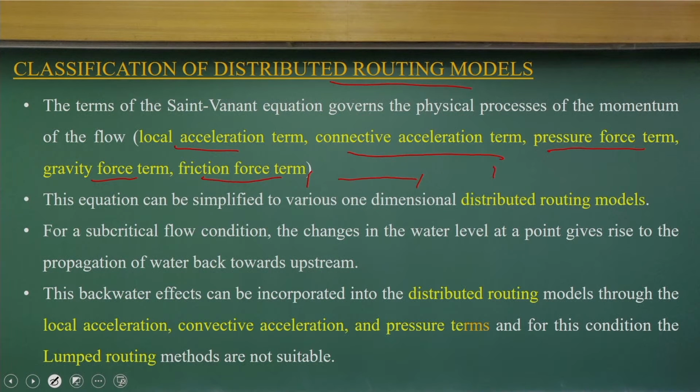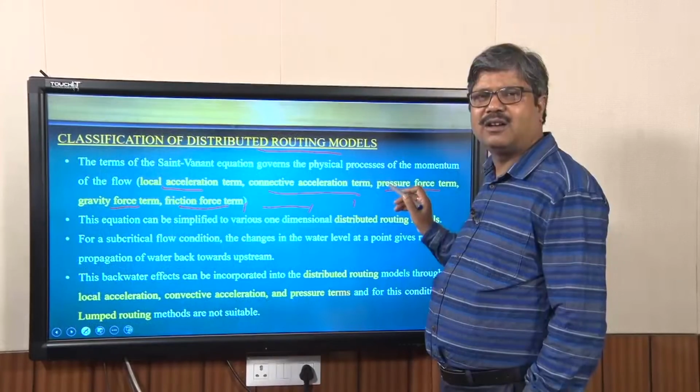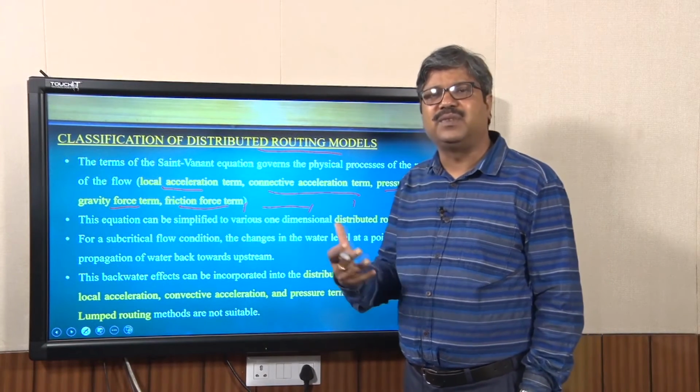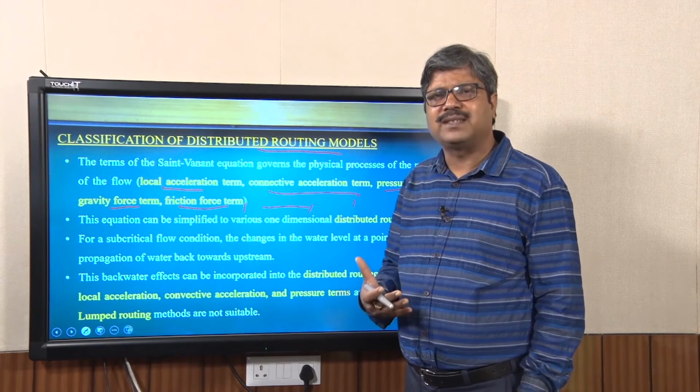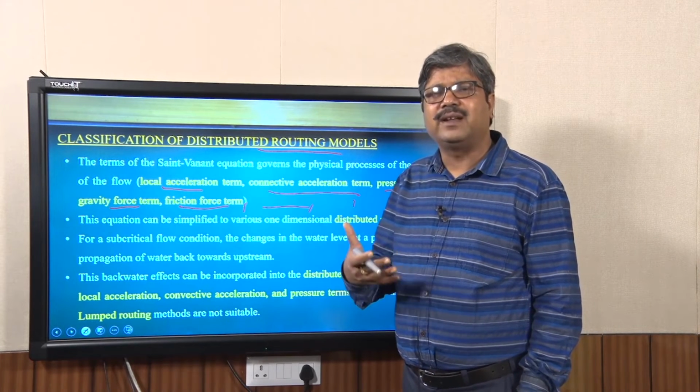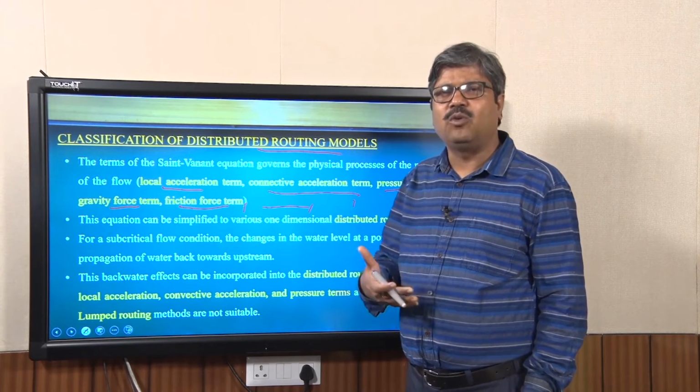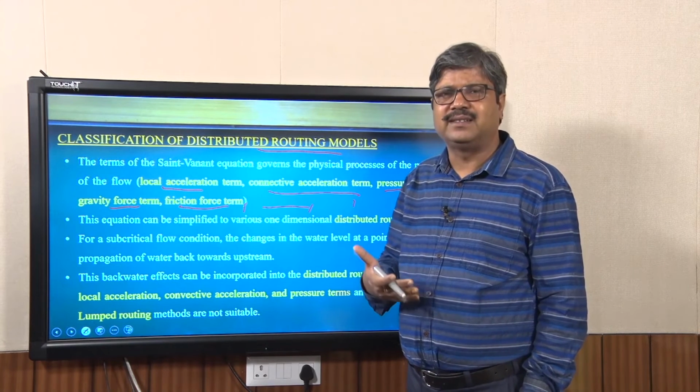Which are the significant orders? Are all these terms of the same magnitude, or are some not significant? In some cases the local acceleration may not be significant, since the flow is more or less steady.